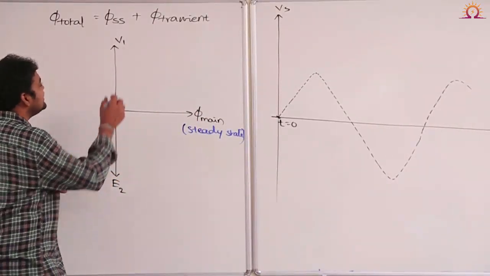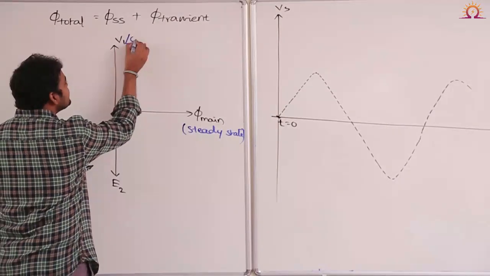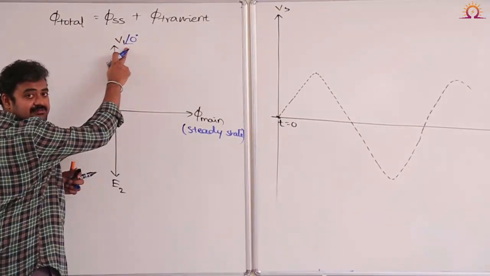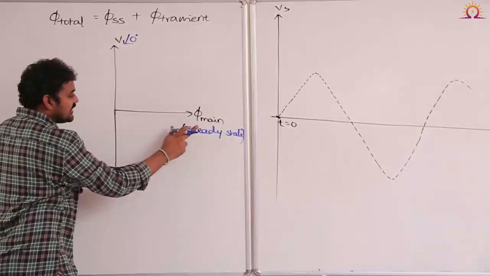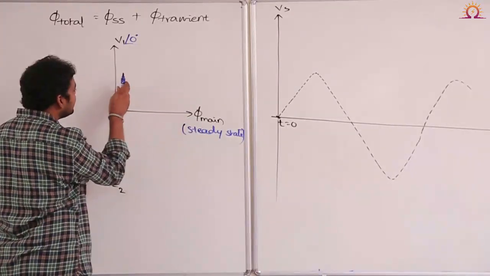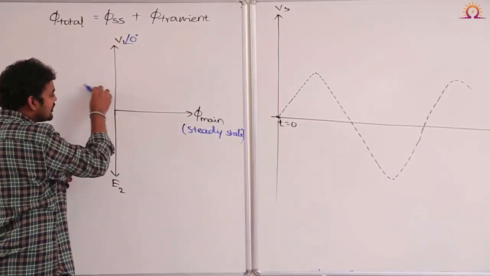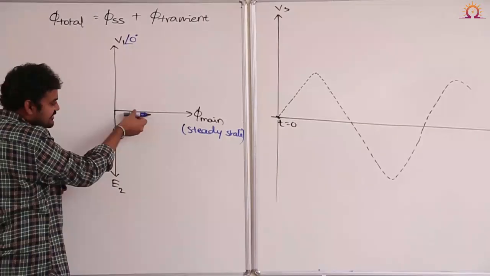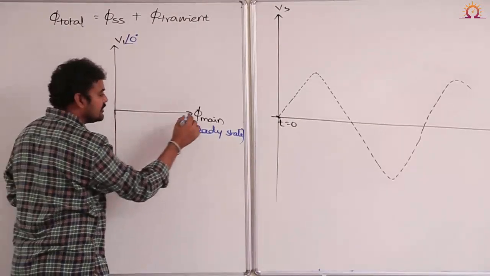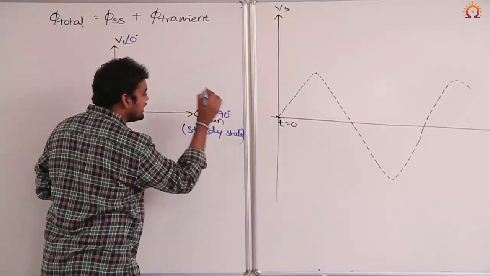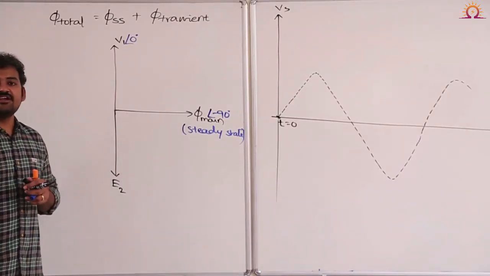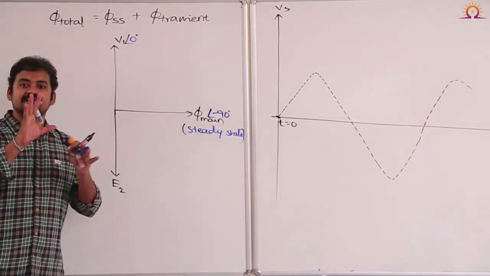Now you tell me, if you assume supply voltage is at an angle 0, it is the reference, then this steady state flux component is lagging supply voltage or leading supply voltage. We know clockwise direction means it is lagging supply voltage by exactly 90 degrees. That means main field flux is at an angle minus 90 degrees.